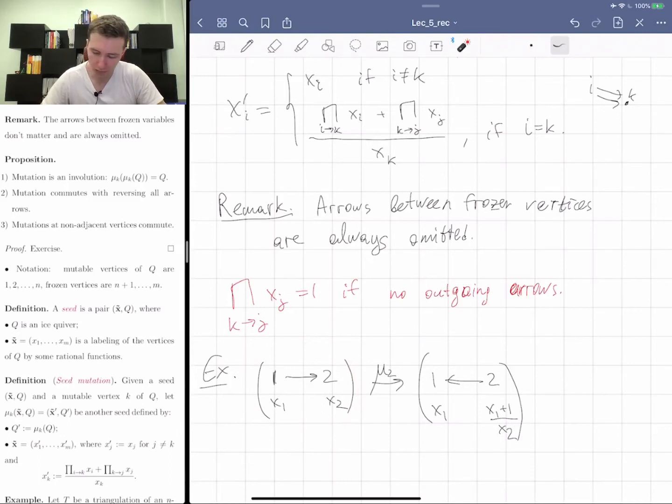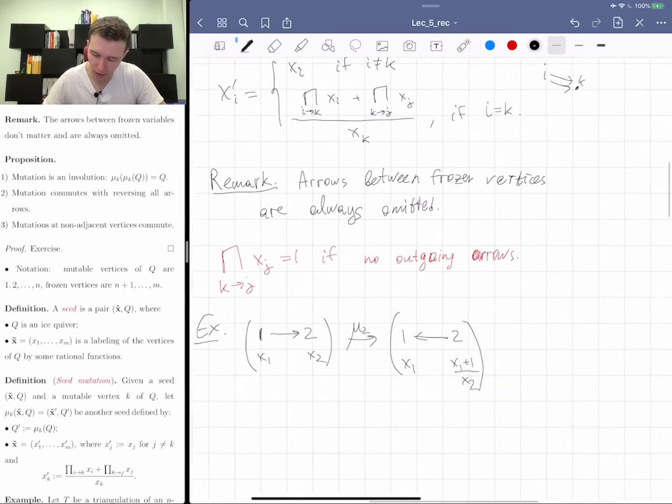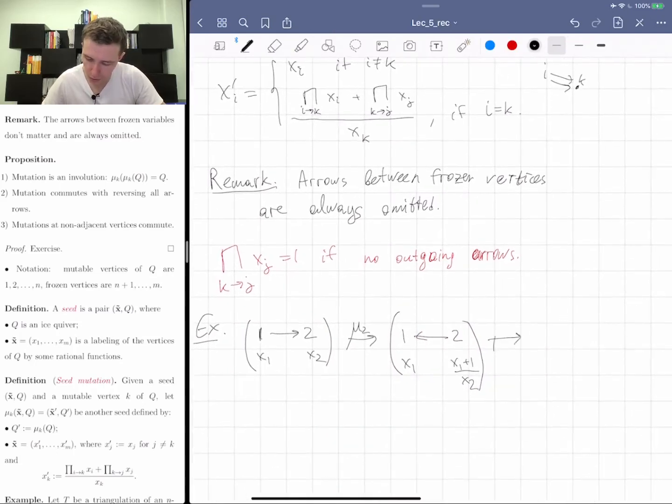Then, okay, I can mutate again. If I mutate at the second vertex again, I'm going to get back to my original quiver. But if I mutate at the first vertex, then I'm going to get something interesting. With mu1, the arrow is again going to reverse itself, and this label I'm going to preserve, so it's the same, (x1 plus 1) over x2.